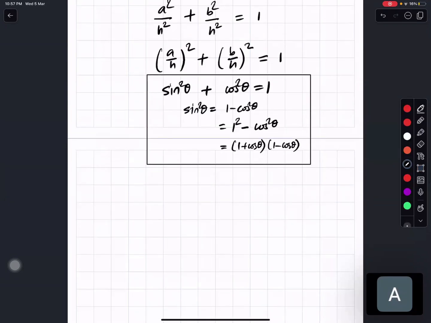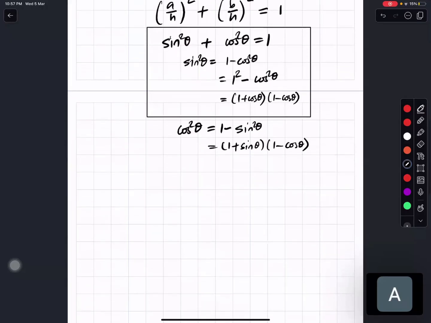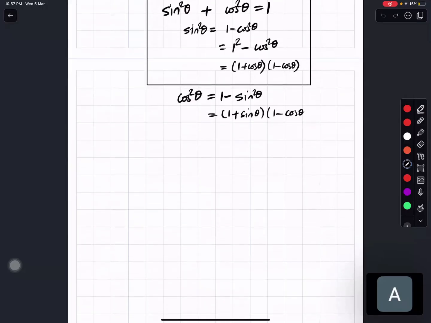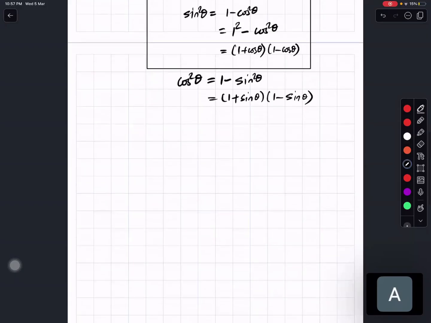Similarly, cos squared theta is equal to 1 minus sine squared theta, which can be written as 1 plus sine theta into 1 minus sine theta. Okay, that is about cos squared theta.